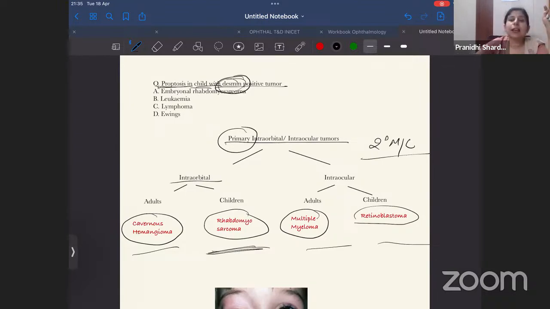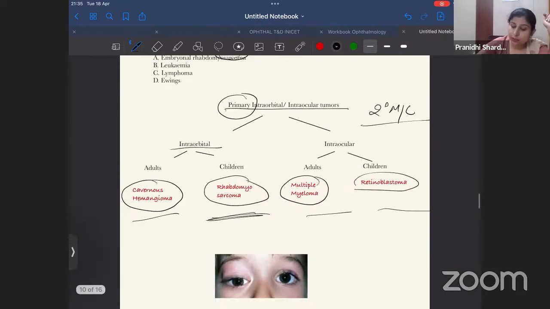And as the name rhabdomyosarcoma also suggests, there is formation of muscular tissue, or metaplasia of the muscular tissue in the connective tissue. This is known by the name of rhabdomyosarcoma.